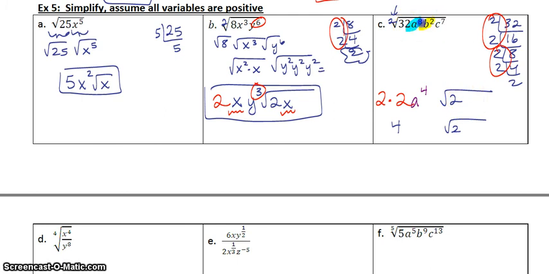For the b's, 2 divided by 2 is 1. There's no remainder, so there's nothing underneath. For the c's, 7 divided by 2 is 3. And then there's 1 left over, so I'll put 1 underneath. So let me write this a little bit nicer.